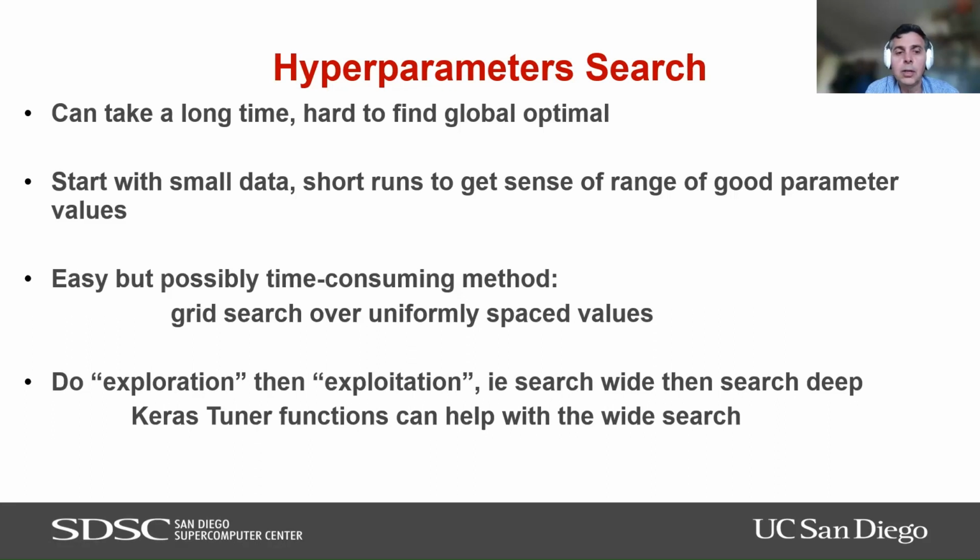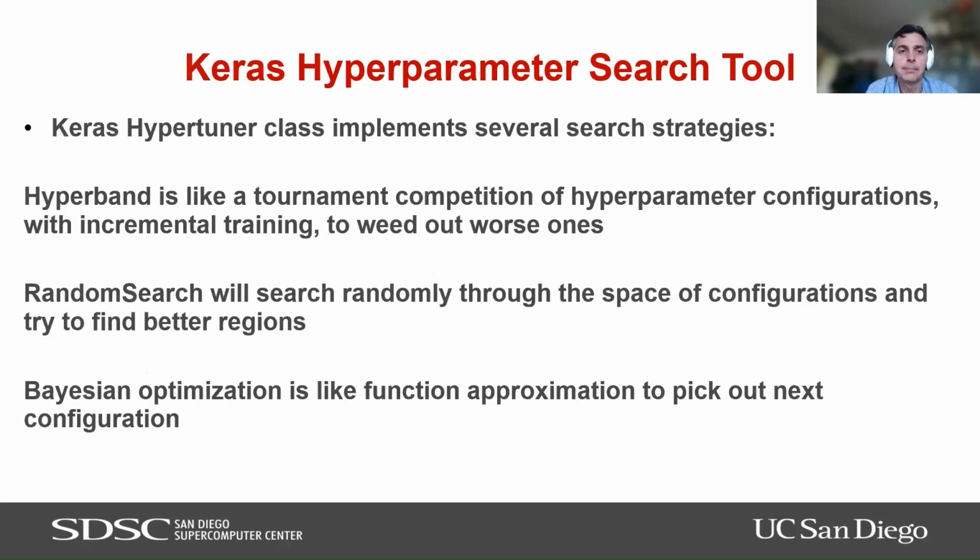Keras has a tool, looking at the next slide, called Hypertuner, sorry, not Hyperband. It has some tuner functions that help with the wide search, and it implements several strategies. Hyperband is one of the strategies, and that's like running a little tournament, so you can have a lot of configurations of hyperparameters, and it'll help you weed out which ones to focus on.